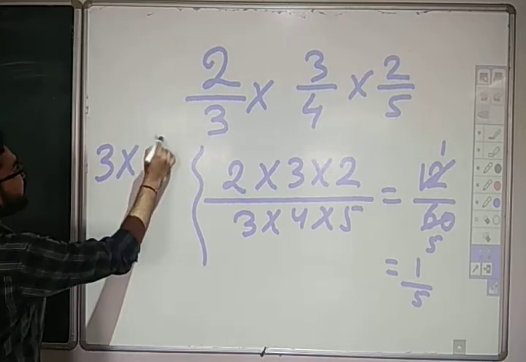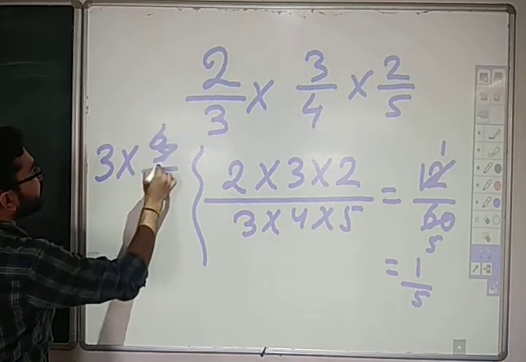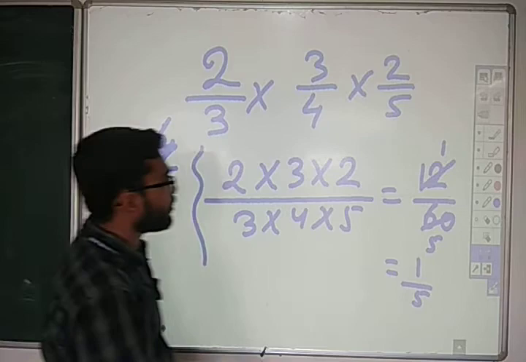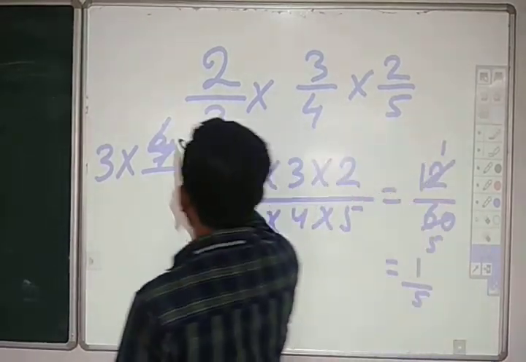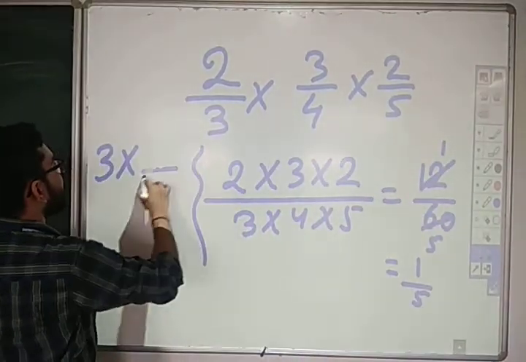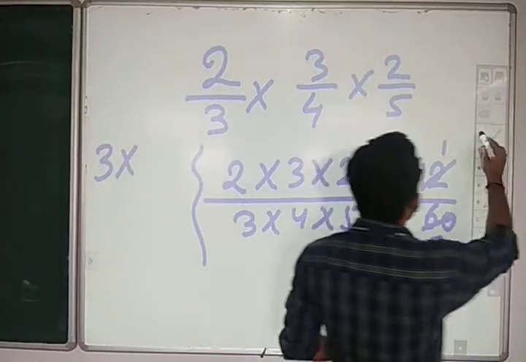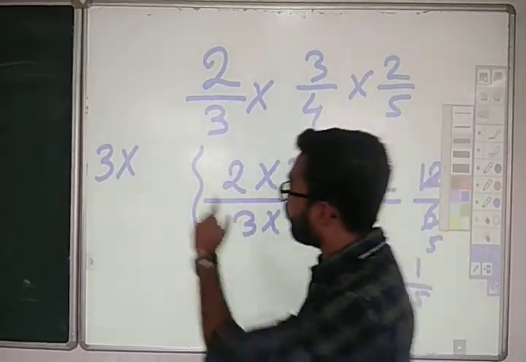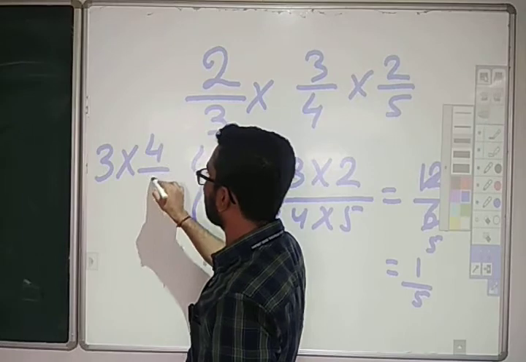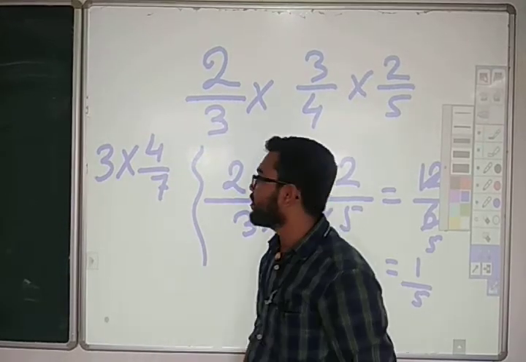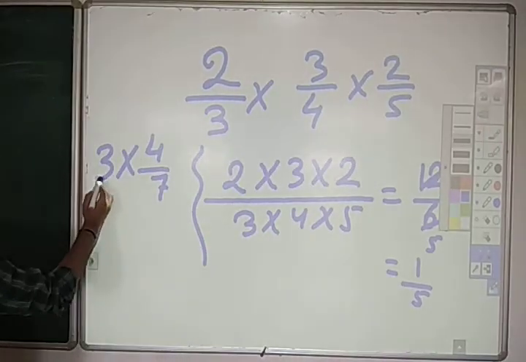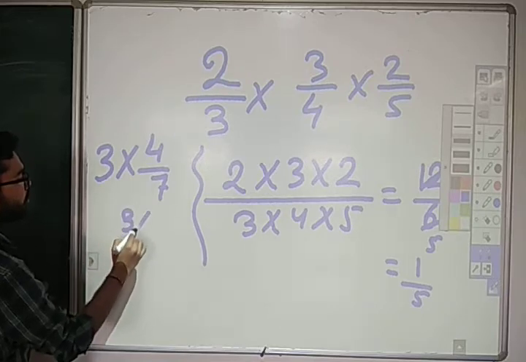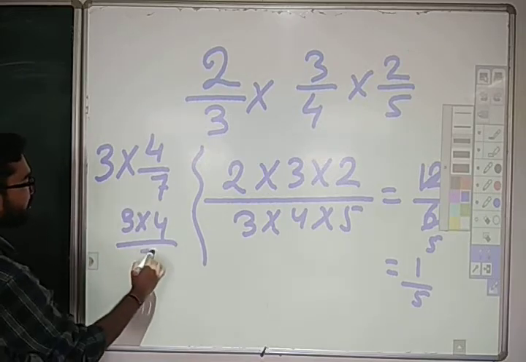Previously you were multiplying a whole number with a fraction. So you did that like this: you just multiply the whole number with the numerator, 3 into 4, and the denominator will be the same.